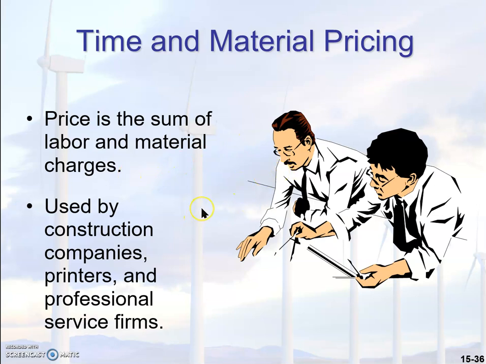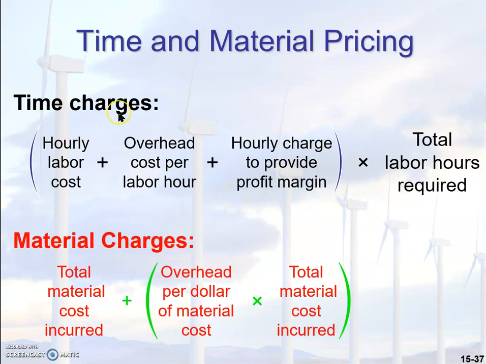Many times, this method is used by construction companies, printers, and professional service firms. The time charges are the hourly labor cost, overhead cost per labor hour, and hourly charge to provide a profit margin, multiplied by the total labor hours required. The material charges are the total material cost incurred plus the overhead per dollar of material cost, multiplied by the total material cost incurred.